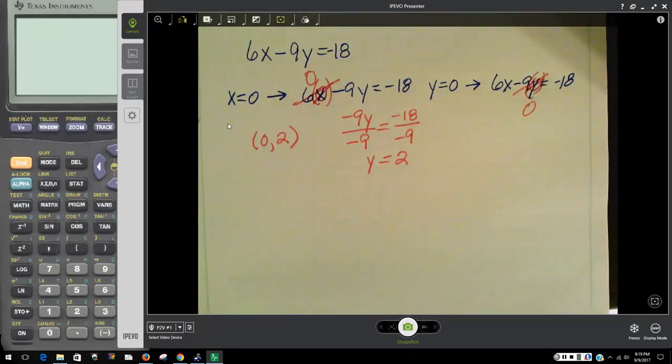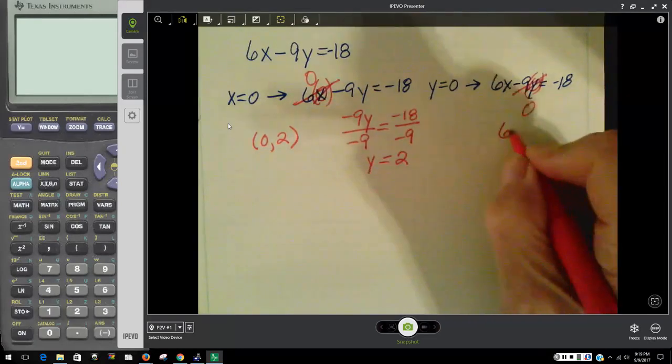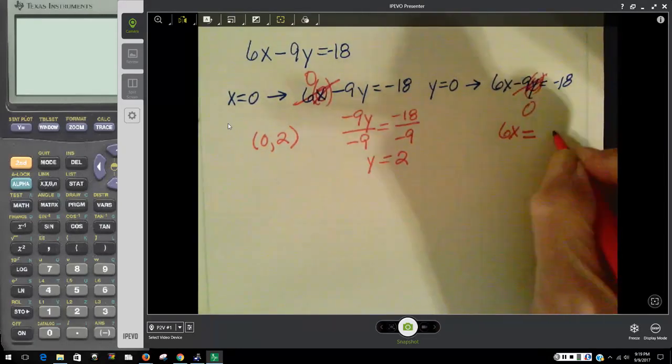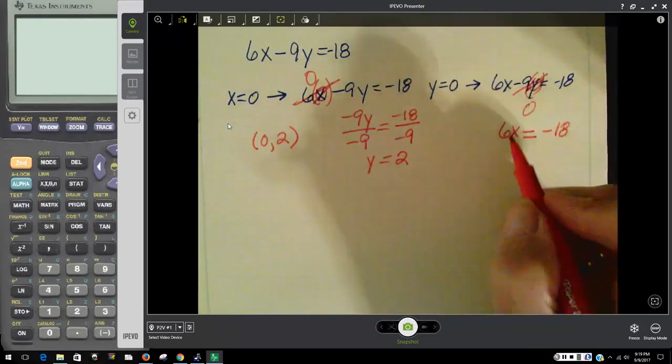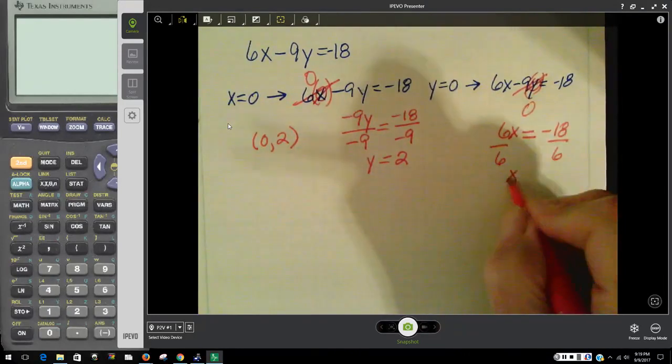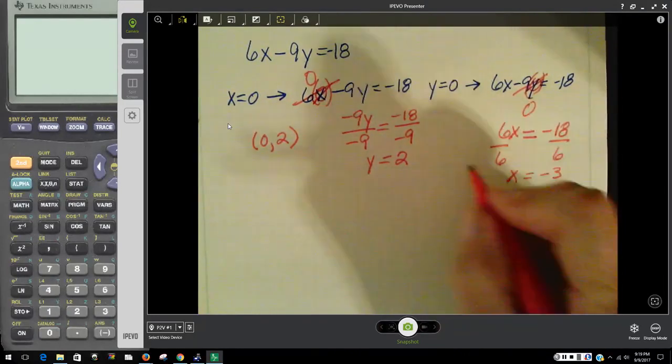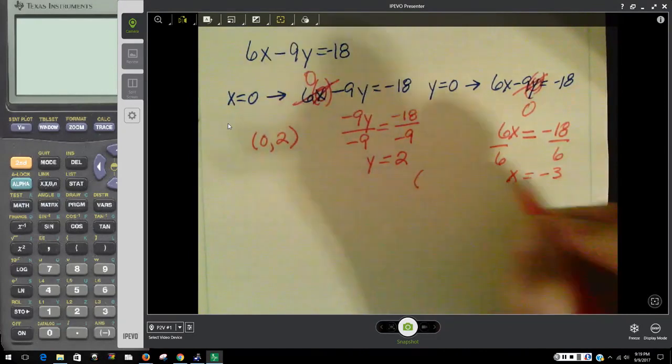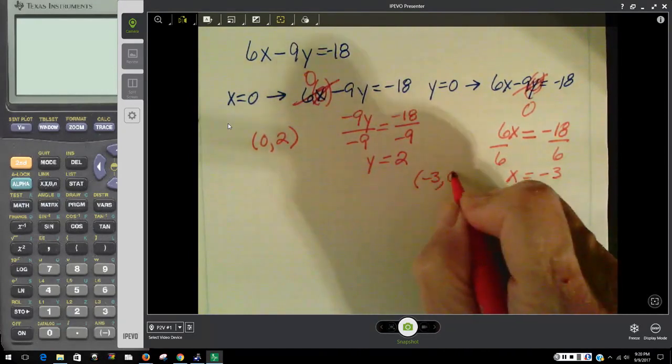What we have left then is 6x equals negative 18. Divide both sides by 6, and x is equal to negative 3. That gives us the point negative 3, 0.